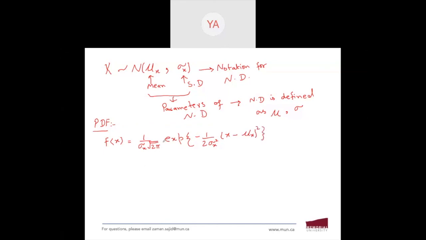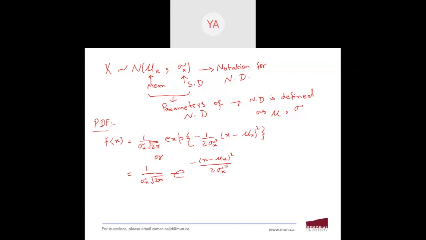Now this exp is basically the exponential, or you can find these equations in some of the other textbooks as 1 over sigma of x square root of 2 pi, e power minus x minus mu of x whole square over 2 sigma square.